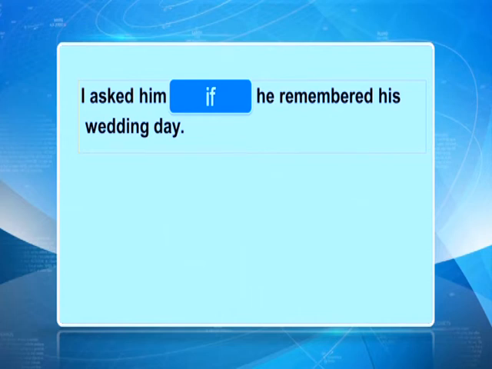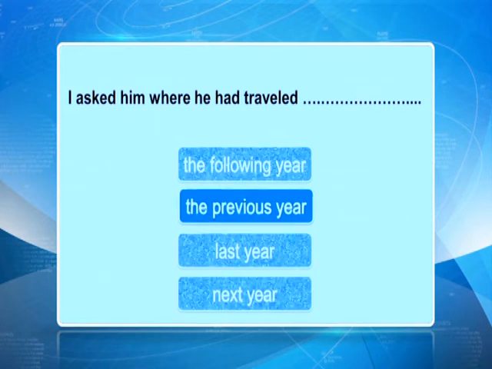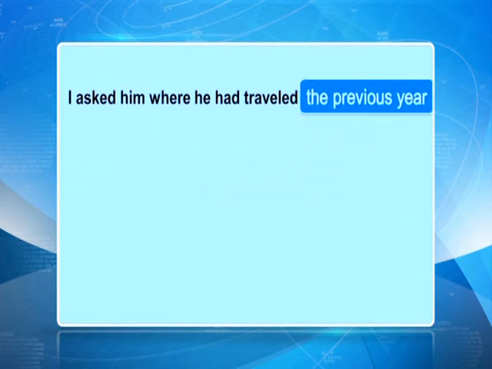I asked him if he remembered his wedding day. Next sentence, I asked him where he had traveled, blank. Do we use the following year, the previous year, last year, or next year? Notice here that this is a reported sentence. Okay, so the best answer is, come on, make a guess. Very good, the previous year.